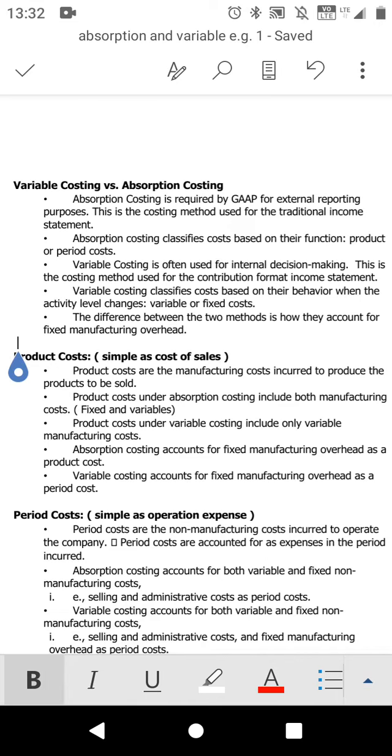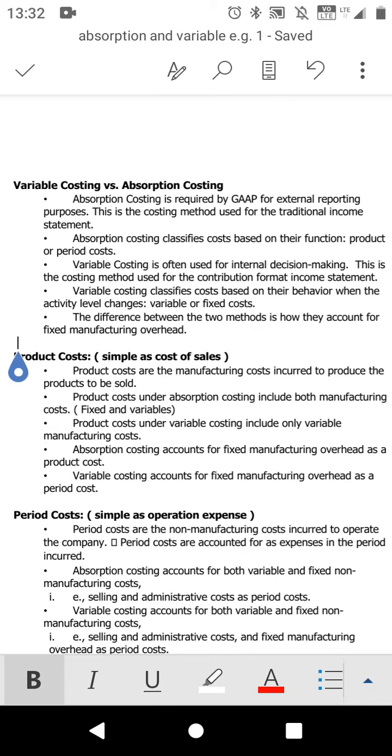In general, absorption costing is the method which has been approved by the IFRS. The other method, variable costing, has been rejected by IFRS. It's not allowed in terms of IFRS.